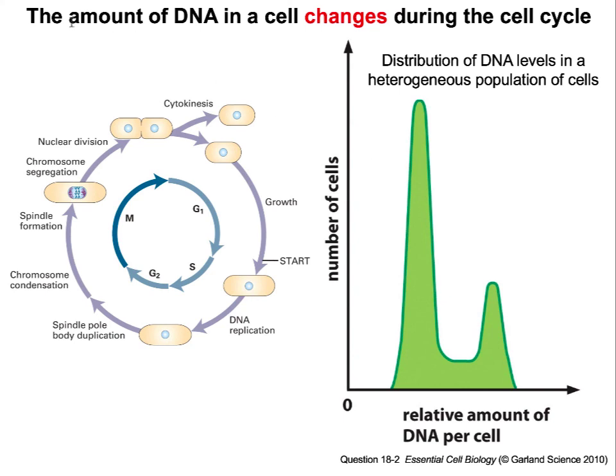It actually shows you the amount of DNA inside sets of cells and how that DNA can change during the cell cycle. So the cell cycle has four basic phases: G1, S, G2, and M. And if we monitor the cells that are in different phases of the cell cycle, we can record the abundance of DNA on this relative scale. So this is the number of cells in that tissue that were examined, and this is the amount of DNA that they possess.